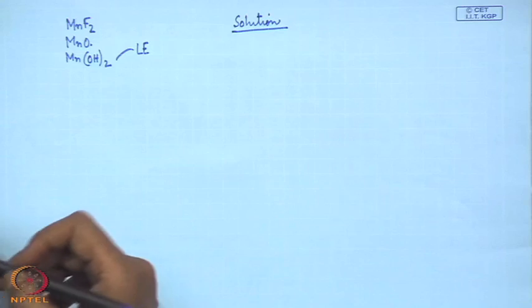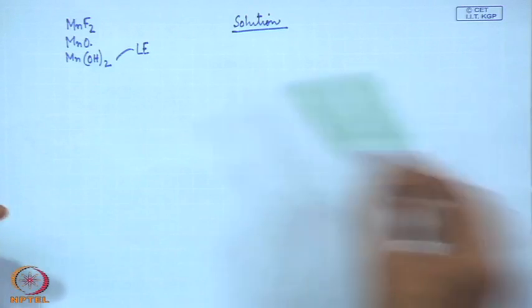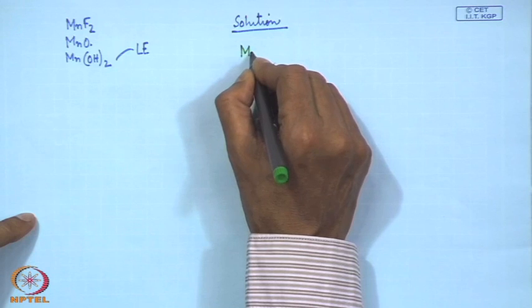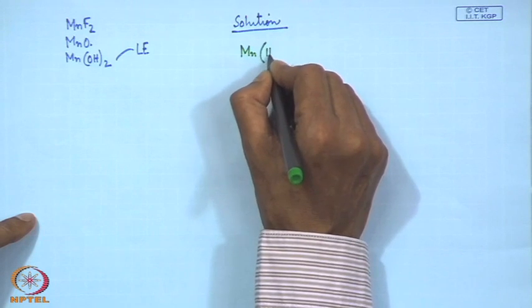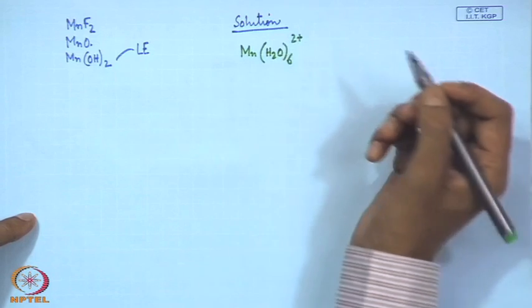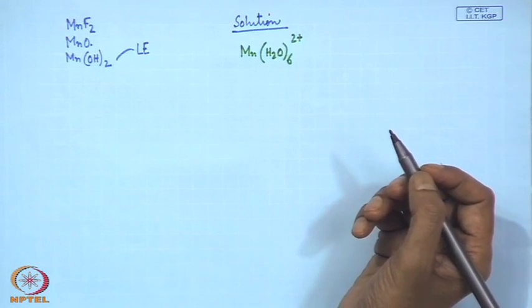there is another thermodynamic parameter which is very important when we look at the interaction, that is, the formation of the manganese hexa-aqua species, where manganese is present in the bivalent state.